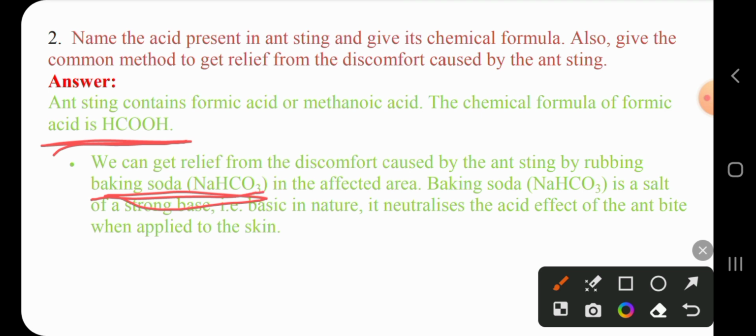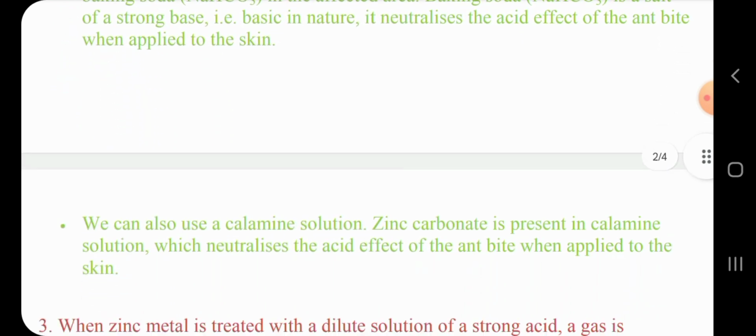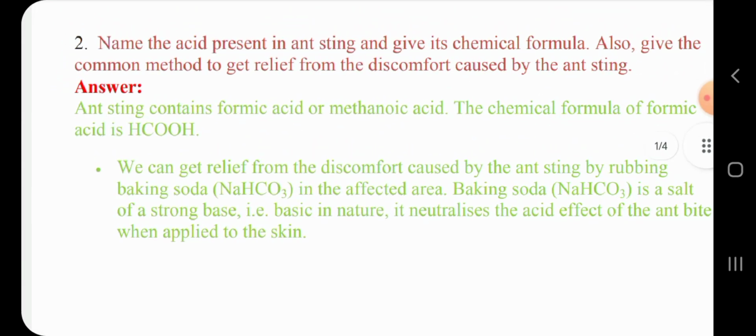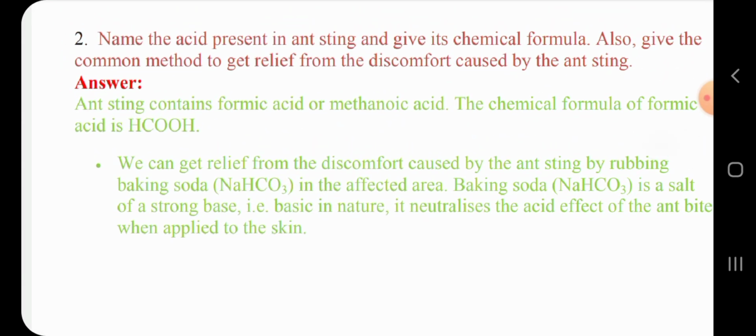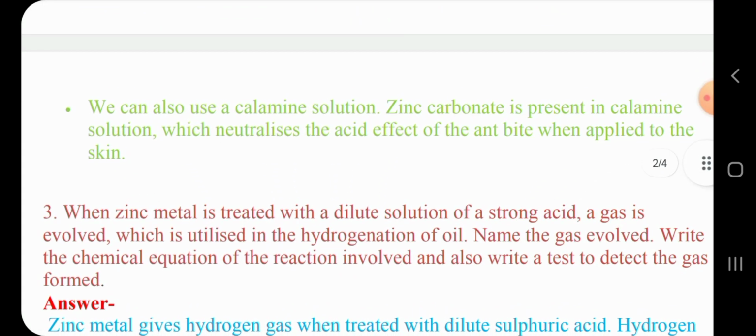Baking soda is a salt and it is basic in nature. It neutralizes the acid effect of the ant bite when applied to the skin. So that is the remedy. Another method to give relief from the discomfort caused by ant sting is we can also use calamine solution.